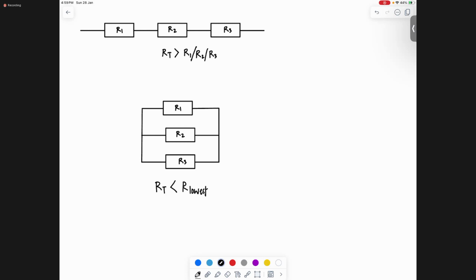So আমি যদি তোমাকে বলি this is 1, 10, 1000, without doing math, what should the total resistance be? Less than 1. You can try this. It's going to be 0.9 something.